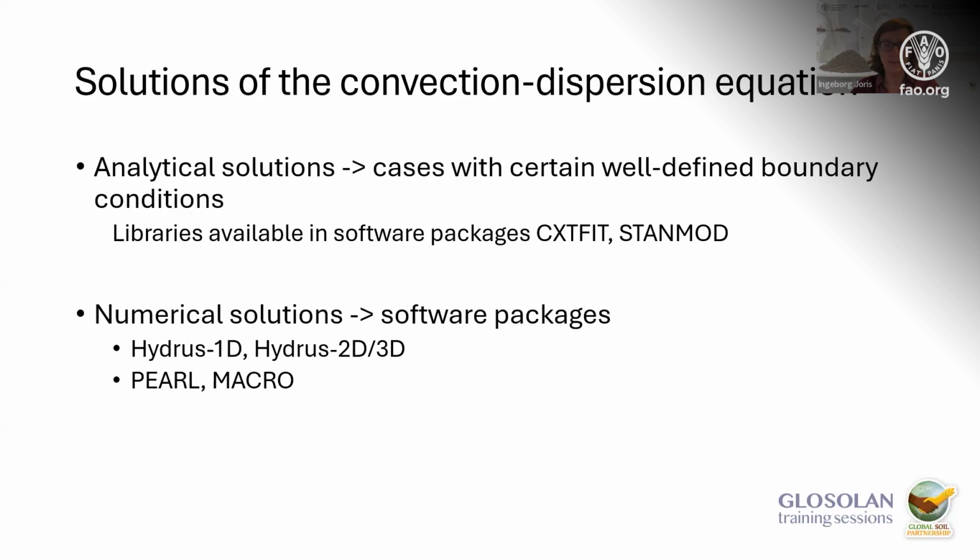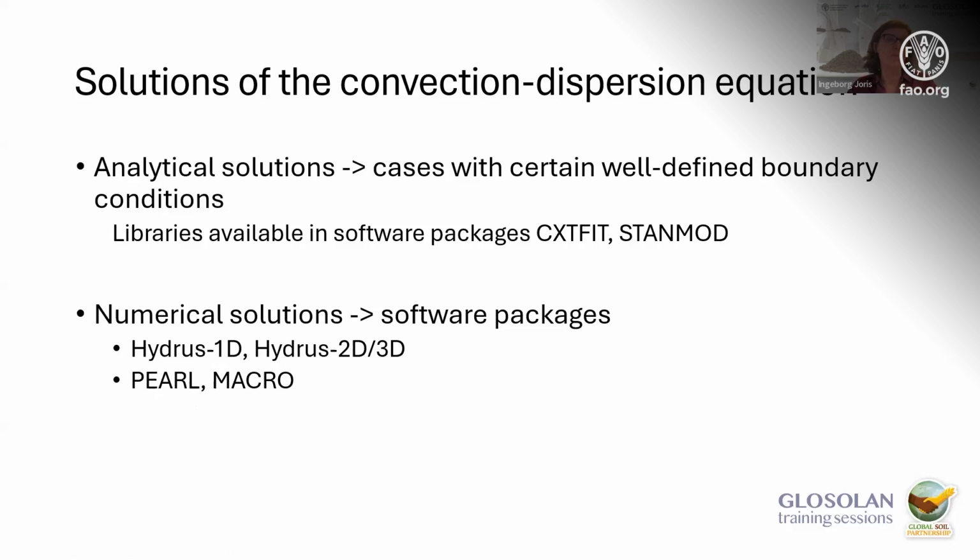So these packages exist. HYDRUS 1D is free. Other examples like PEARL and MACRO, that focus more on pesticide transport but are also solute transport models in soil, are also freely available. So the models exist to be used and to model solute transport in soil.